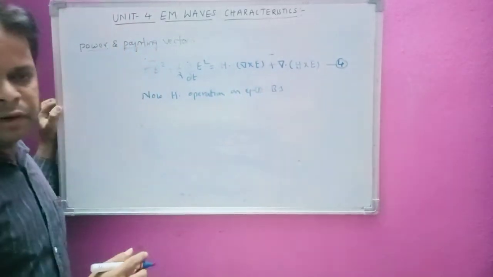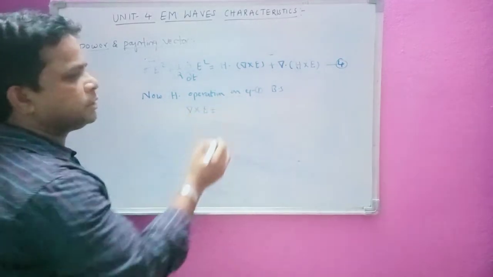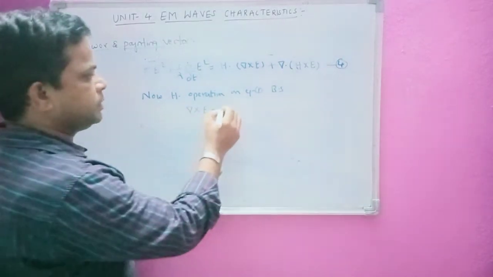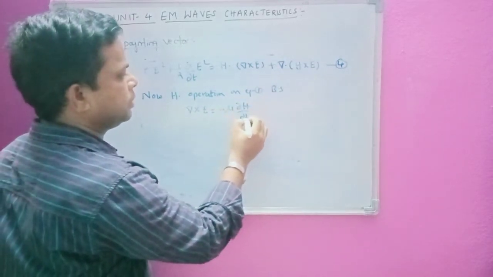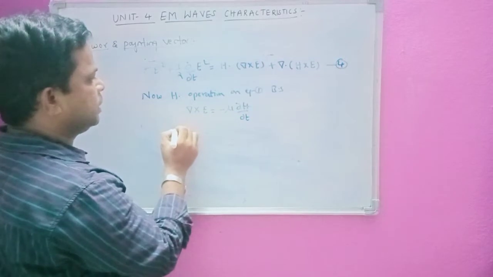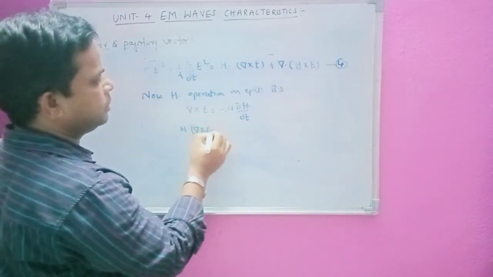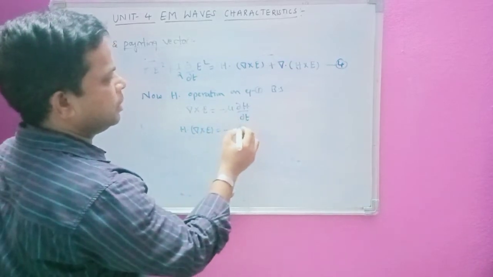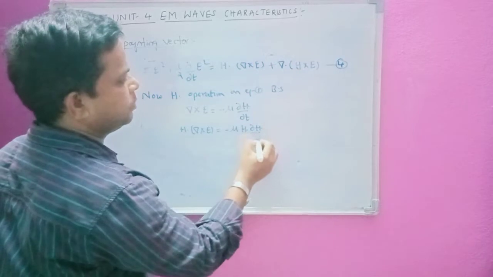What is equation number 1 we have got, that is del cross E is equal to minus mu into ∂H/∂t. Now I can take this as H·(del cross E) is equal to minus mu into H·∂H/∂t.